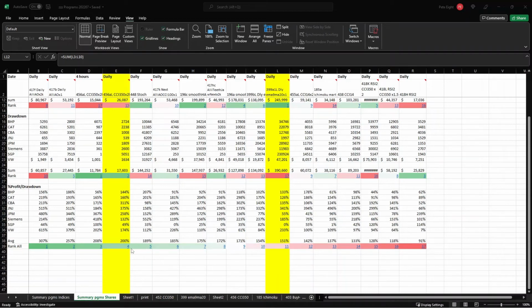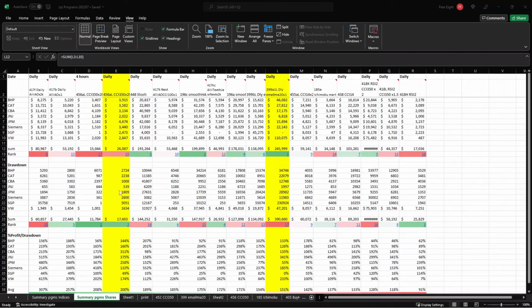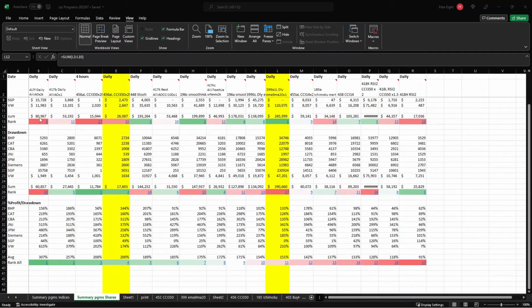You can see the percentage is a bit lower than the CCI350, but you'll notice the profitability is a lot higher. So you're getting a better return for that strategy. Or if you want to look at the alligator strategies, they also did quite well: 80,000 profitability, a 60,000 drawdown, and a 307% profit over drawdown percentage.